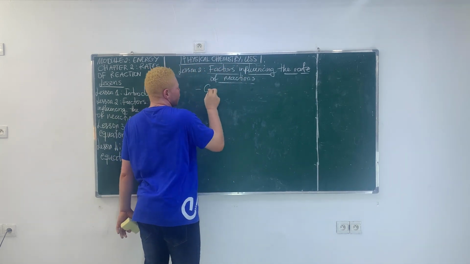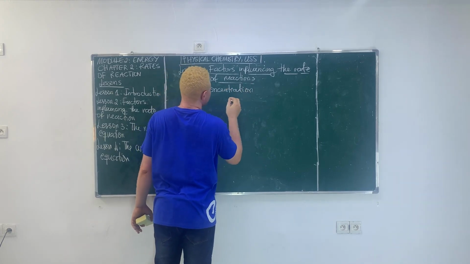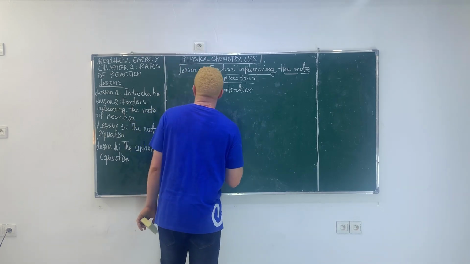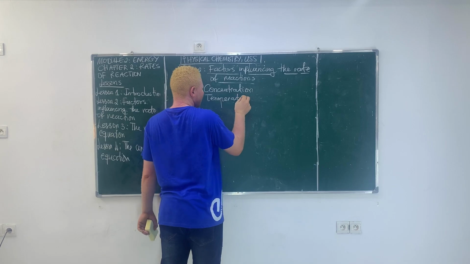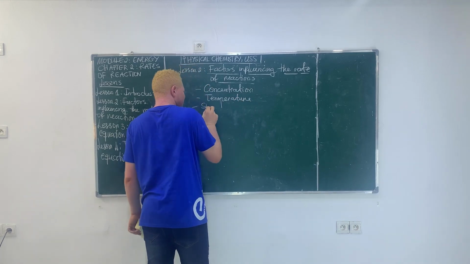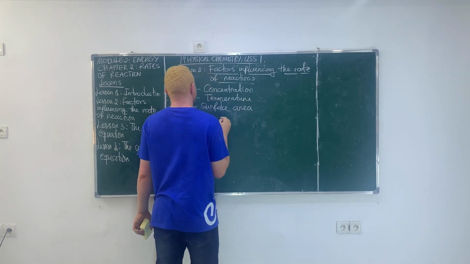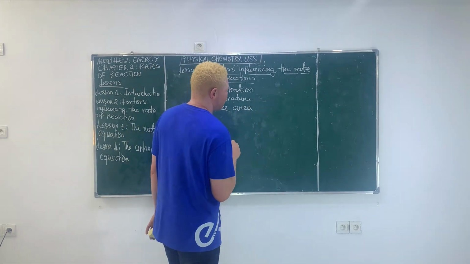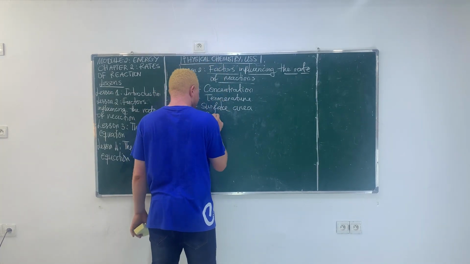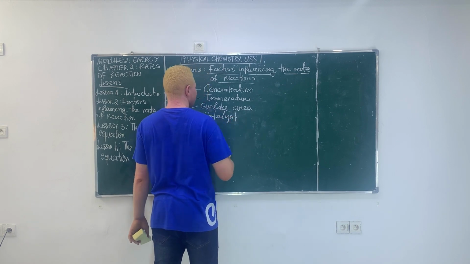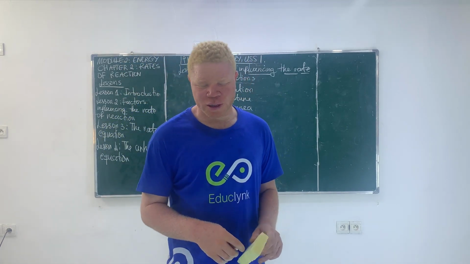So it's concentration, temperature, surface area, and catalyst. So these are the four main factors that influence the rate of a reaction.